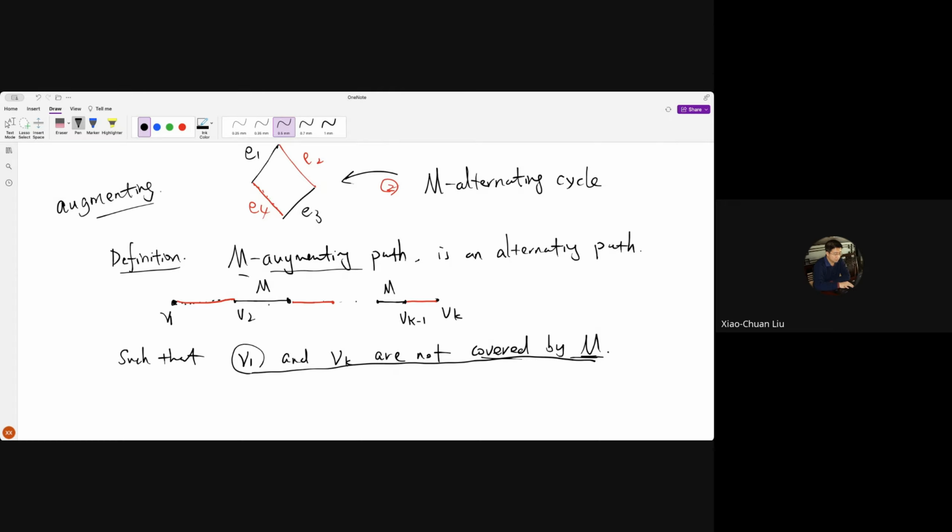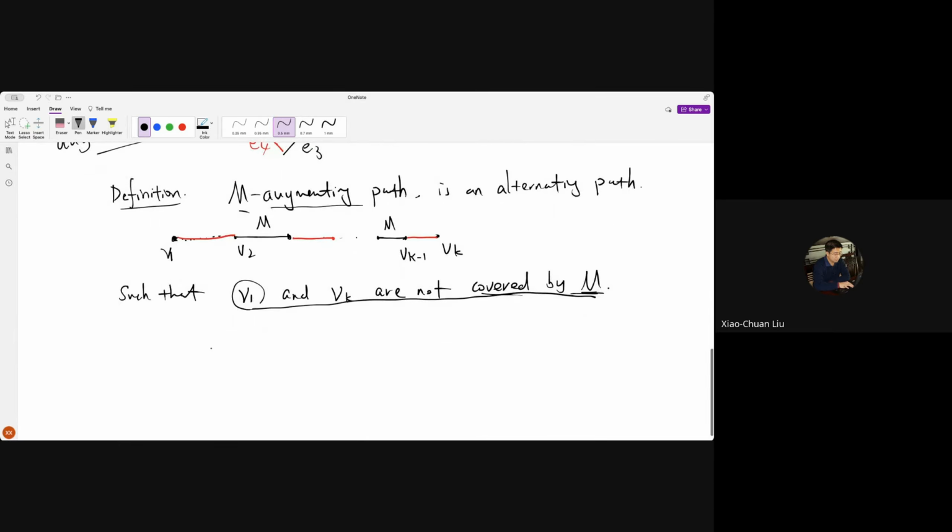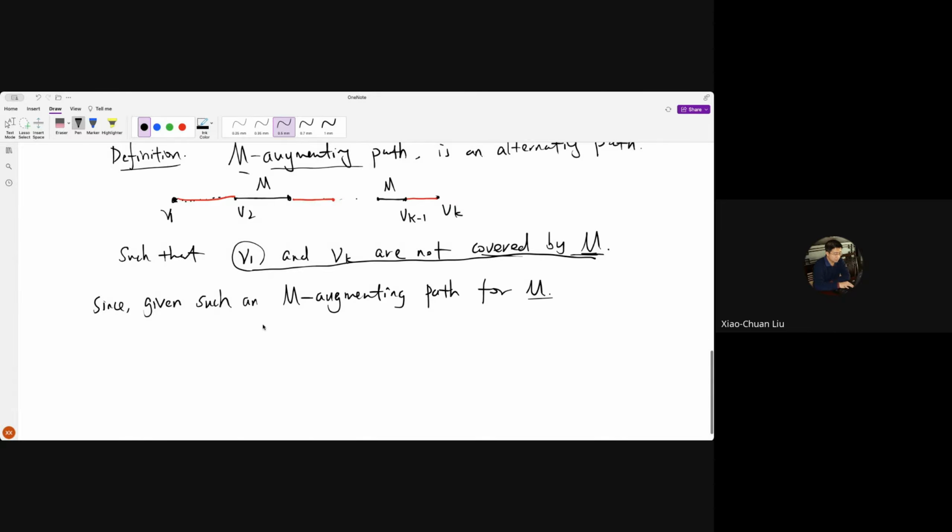This path is in the hope of changing my matching to grow the size of my matching. So you will see, once we are given such an M augmenting path for the matching M, what can we do?